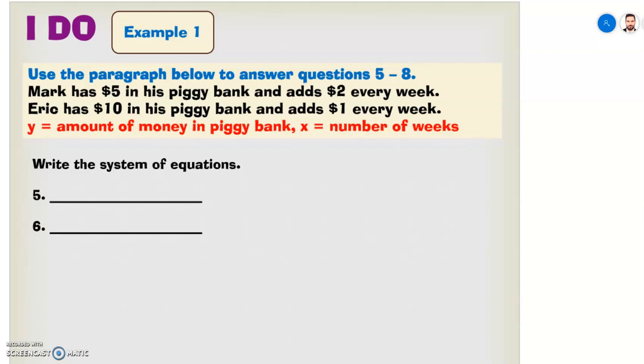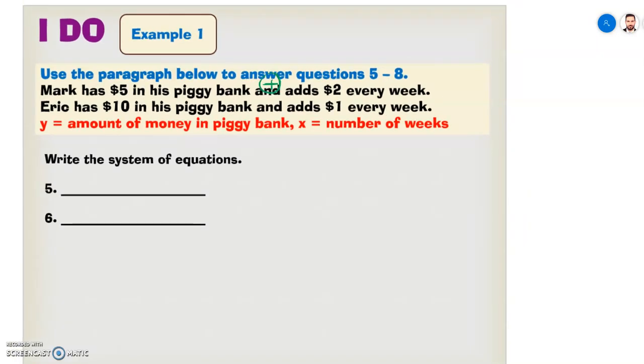Here X represents the number of weeks, so $2 every week is 2x. I can use Y as the amount of money in his bank. So I will write the system of equations for questions 5 and 6. Write the system of equations, making Y the subject.